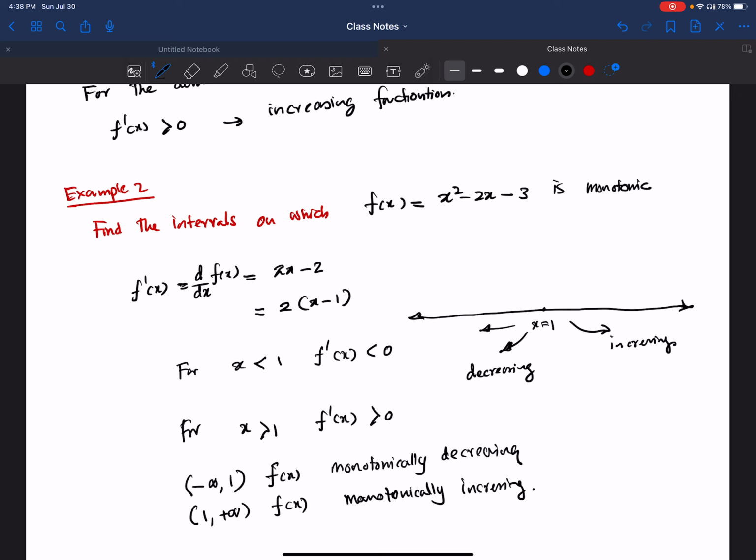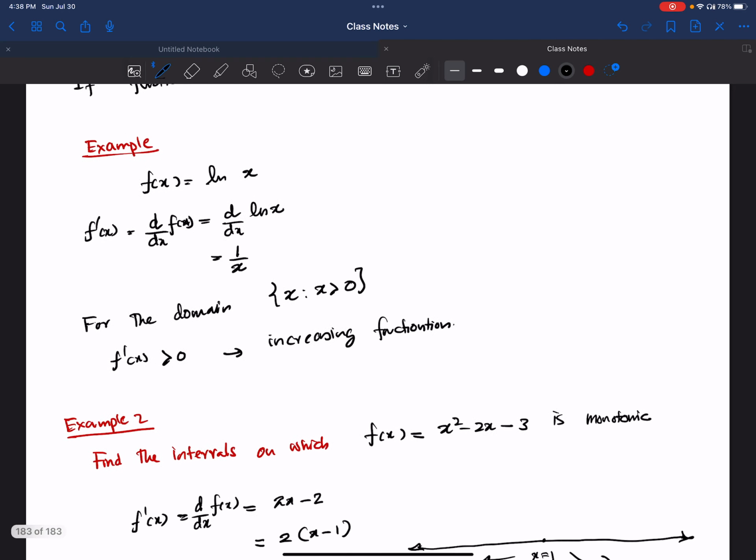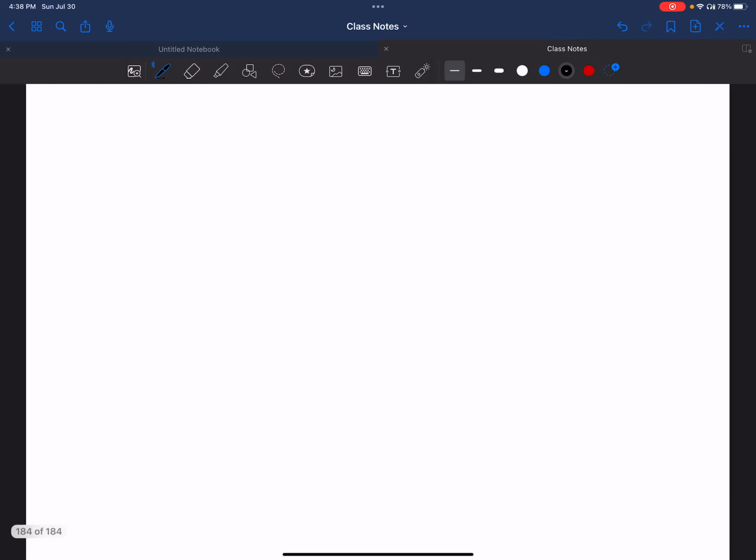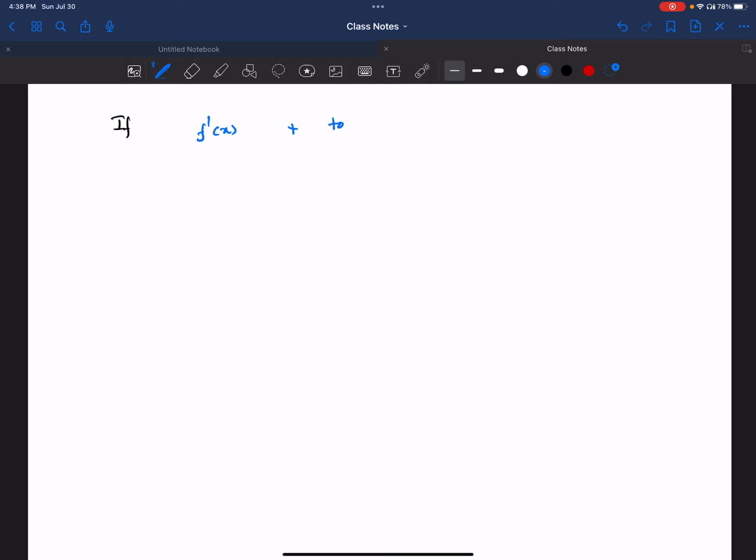And then we learned that we can test the critical points by looking at the sign change of f prime of x. If the sign of f prime of x goes from positive to negative at point c, then f of c is a maximum.